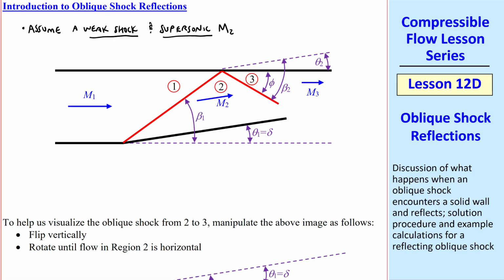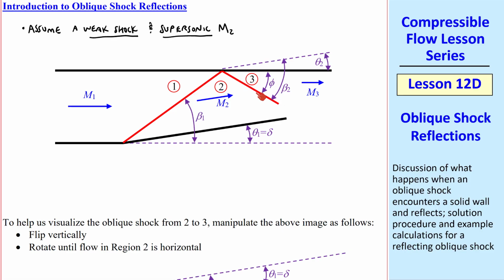We show our standard notation for the first oblique shock going from 1 to 2, M1 to M2, and we'll call this beta 1, and this angle theta 1, which again, ignoring boundary layers, theta 1 is equal to delta, the angle of the ramp or sudden change in direction.